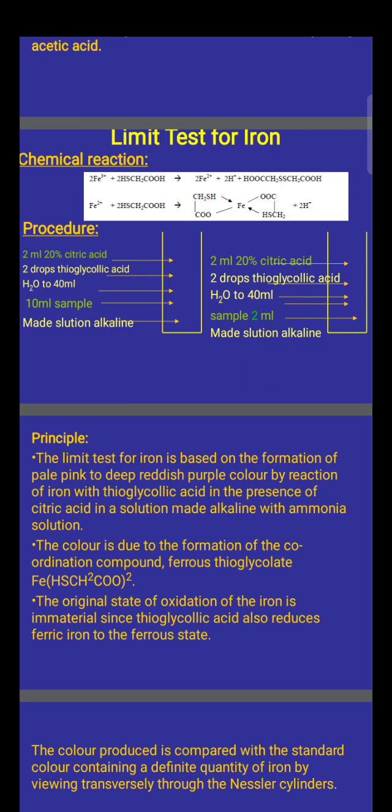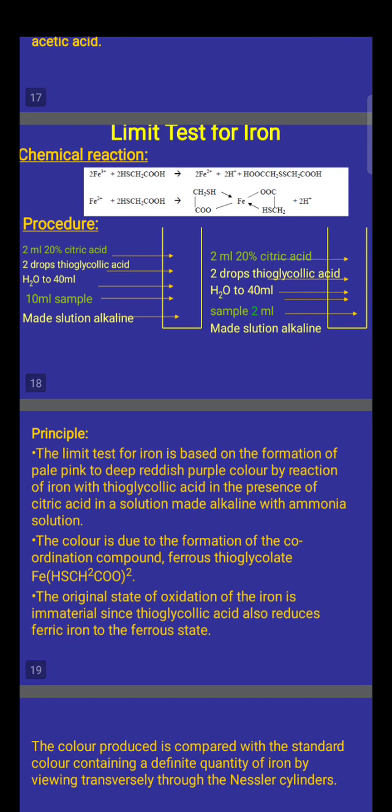In the second step, ferrous is there again, so ferrous will completely react with the thioglycolic acid. As I have already said, thioglycolic acid is the main reagent used in the limit test of iron. So thioglycolic acid will react with the ferrous and form the ferrous thioglycolate complex, that will be purple, reddish purple in color. You can see the reaction even over here.